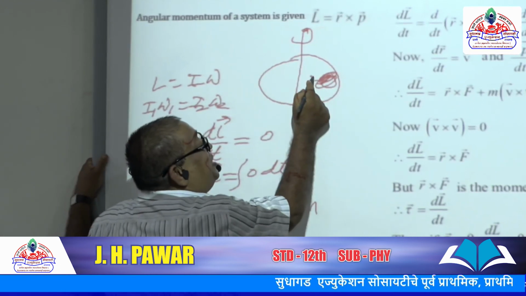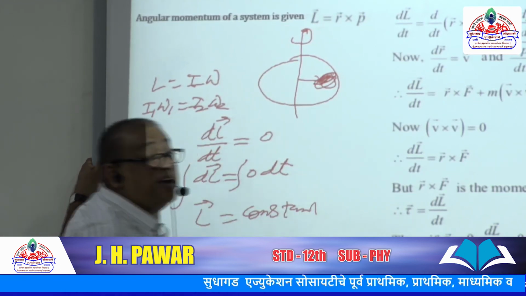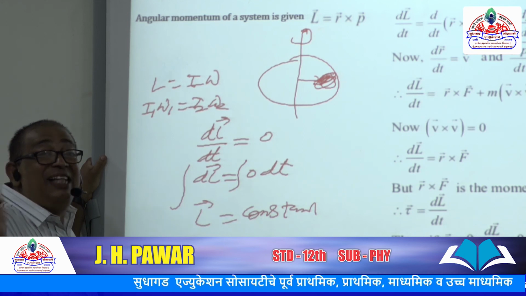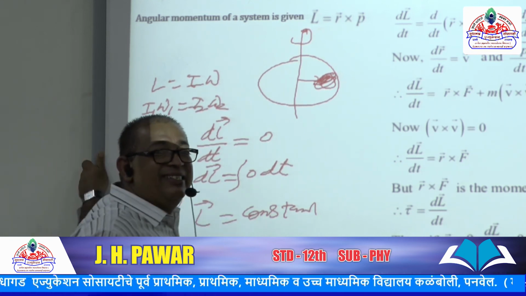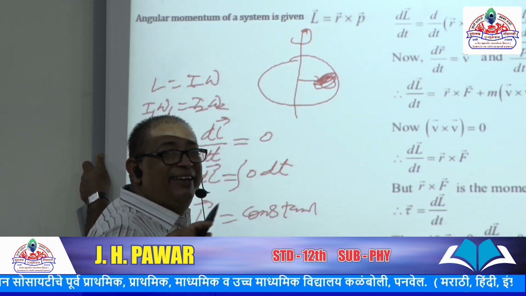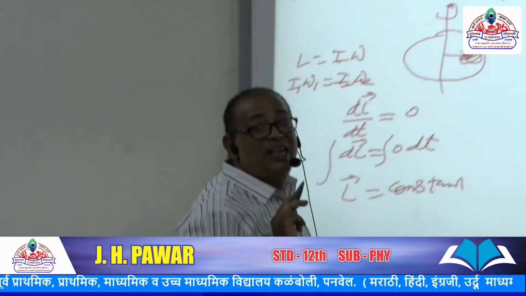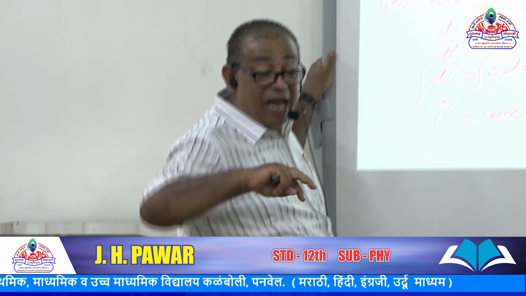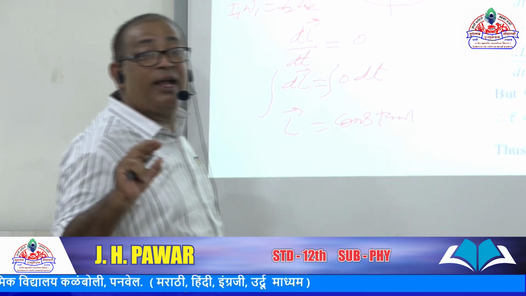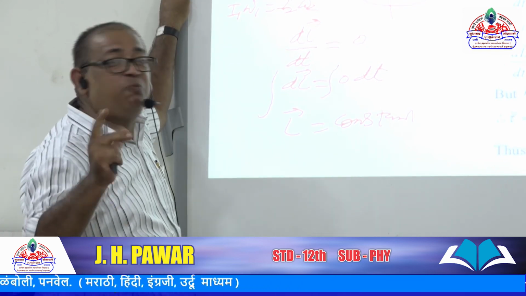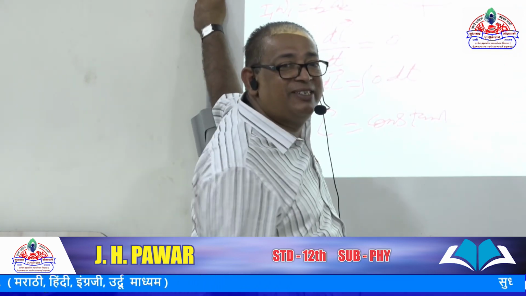Distribution increases, moment of inertia also increases, and angular speed decreases. So when they are rotated with the same speed, the raw egg stops first, and thereafter the boiled egg stops. This is the reason.